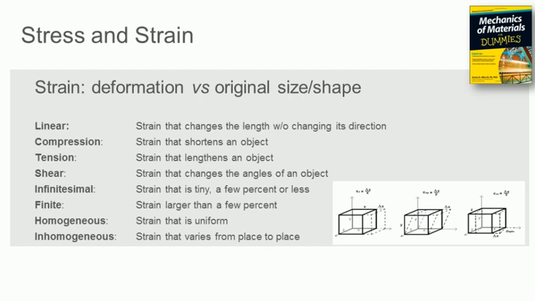And it can also be really complex, because there are different kinds of strain: linear strain, compression, tension, shear, etc. But in short, and applying to mechanical ventilation, it's how much we are going to change the volume of the lung compared to its initial size or volume.